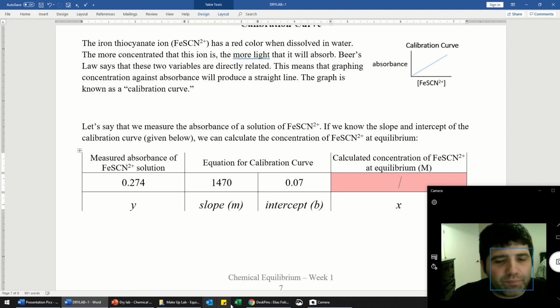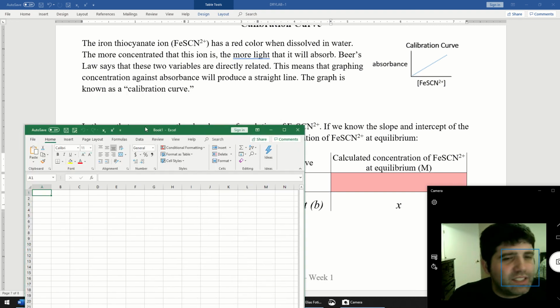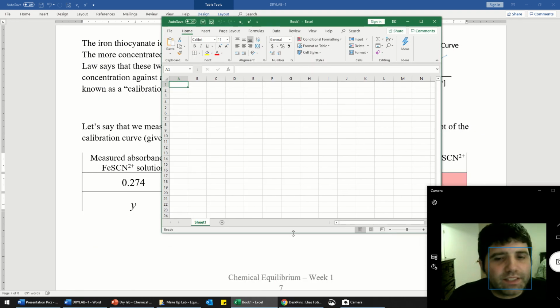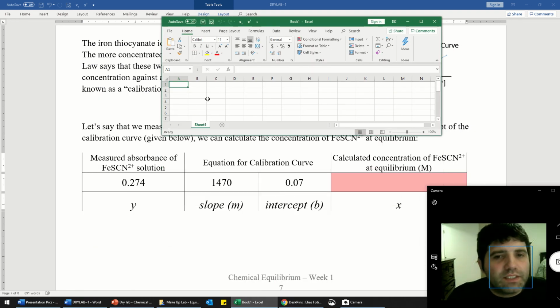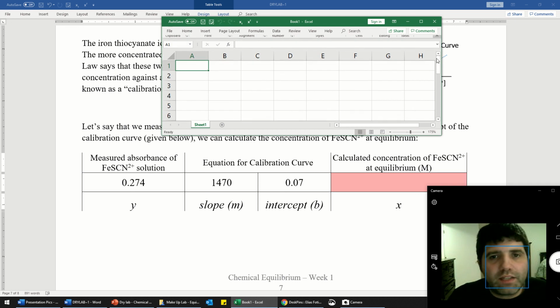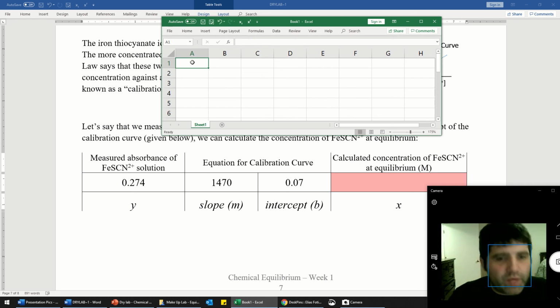So let me bring up a spreadsheet so that we can look at that. Okay, so we have an absorbance of 0.274. That's our y value.